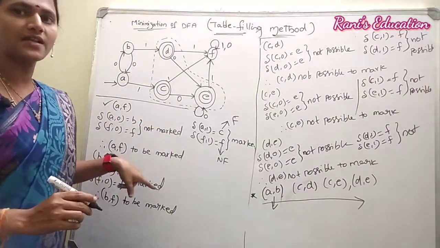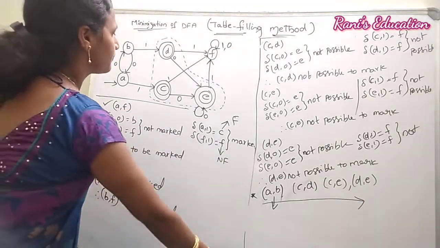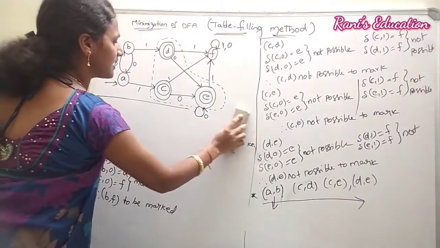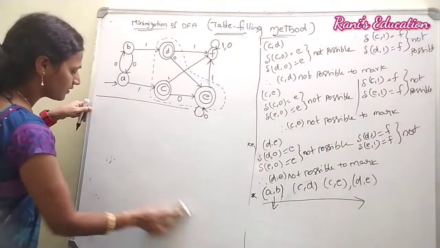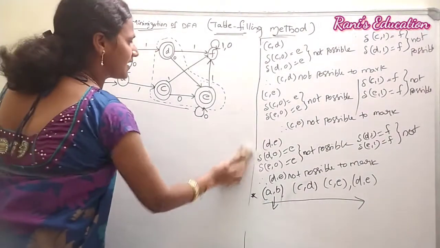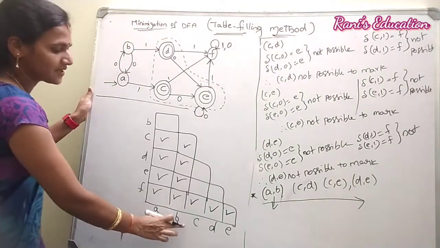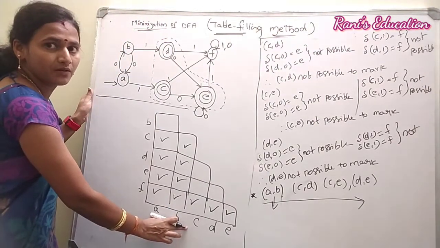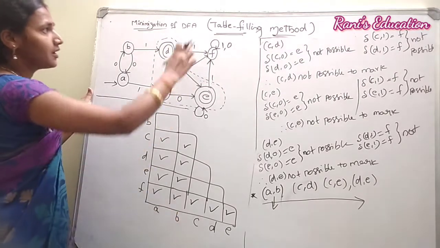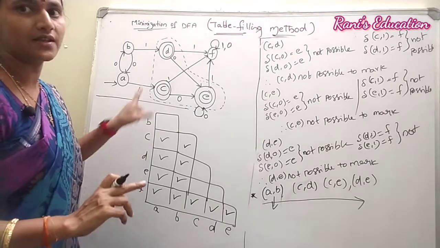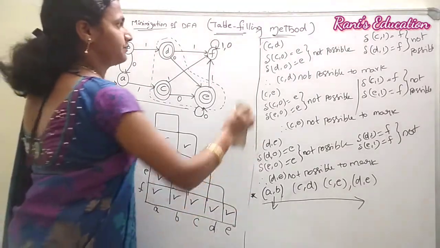Now we are going to consider the resultant transition diagram for this. Before doing that, we are going to write the finalized table. So this is the required finalized table for the table filling method, according to that we are going to construct the minimized DFA.